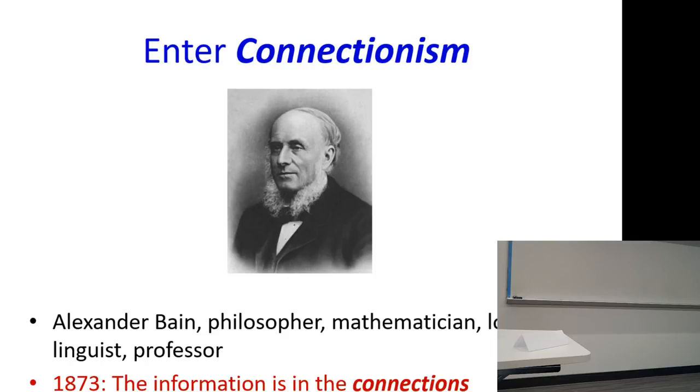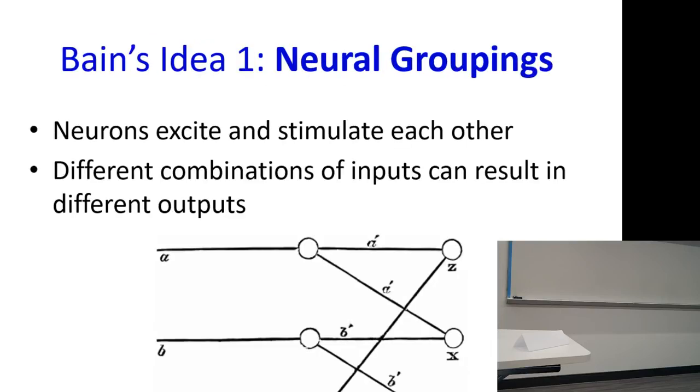But then he came up with this really cool idea where he said that all of the information stored in the brain is actually stored in the connections. And he came up with these really cool ideas. First, that the connections decide how the thing operates.